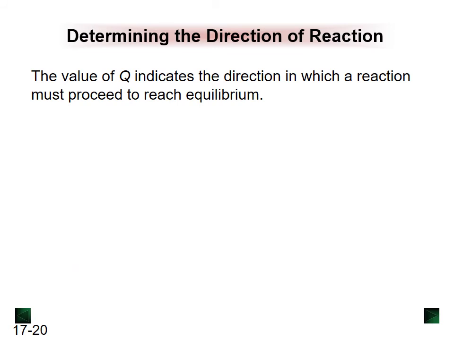As we already mentioned, the reaction quotient Q indicates the direction in which a reaction must proceed to reach equilibrium. For example, A goes to B. Q equals product divided by reactants at any instant, and the equilibrium constant is the product at equilibrium divided by reactants at equilibrium.